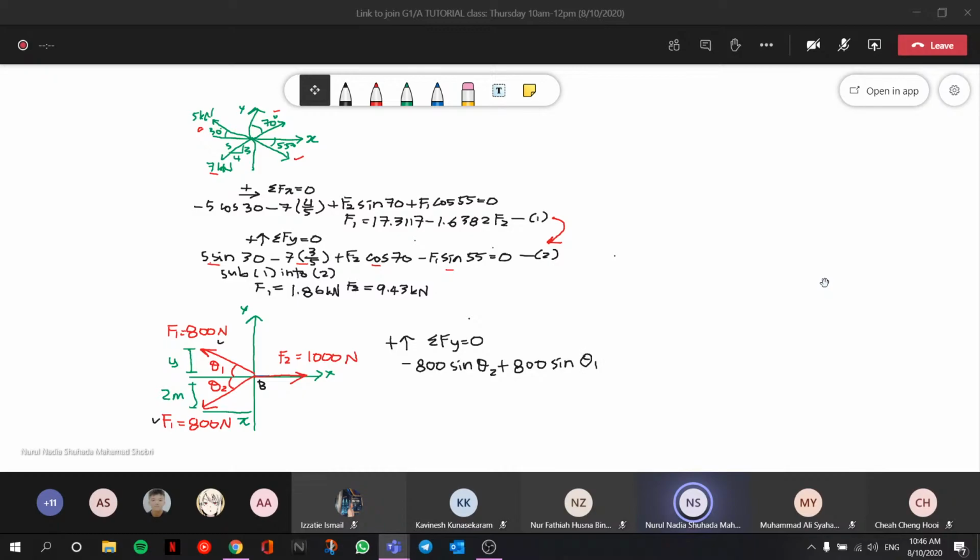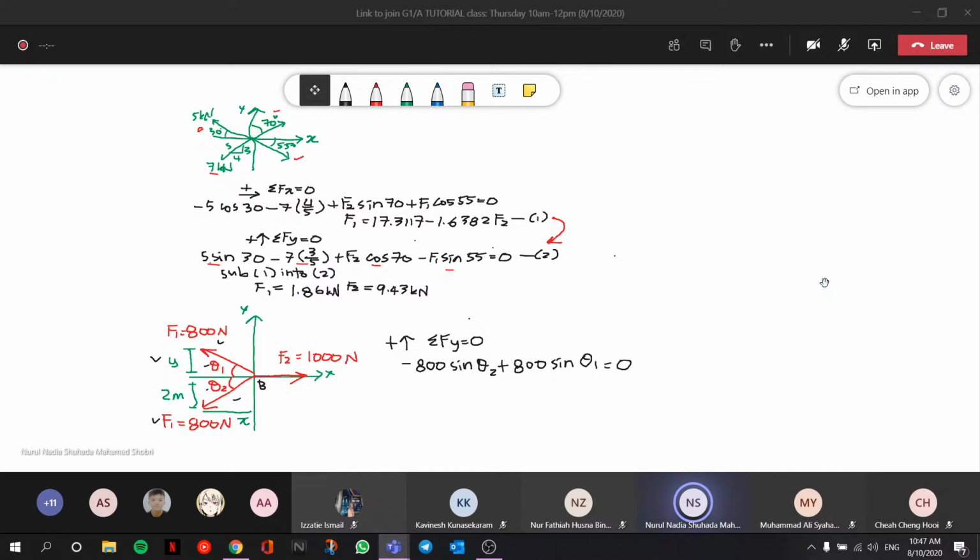In the diagram, they did not specify theta 1 and theta 2, so we just make the assumption ourselves. This one is theta 1, this one theta 1, and this one theta 2. So negative 800 sin theta 2 is the part at the bottom here because it is in the negative y-axis, and 800 sin theta 1 is the part here. So plus 800 sin theta 1 equal to 0.